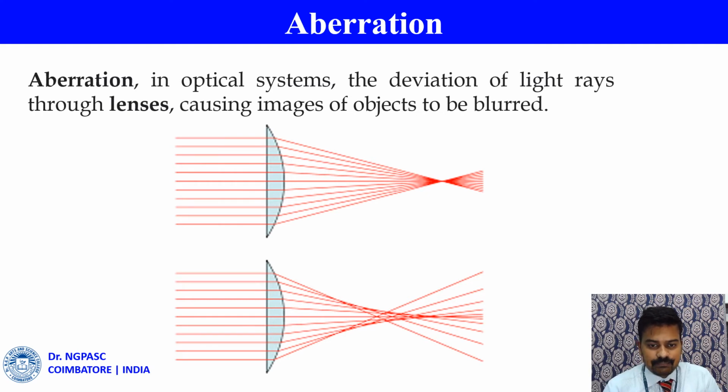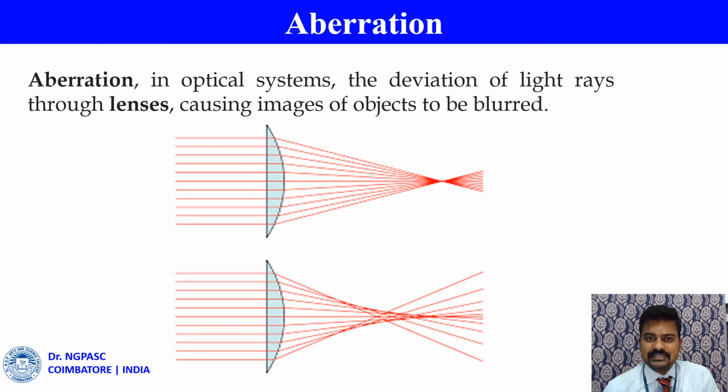But in the damaged lens, the focal point is split up. It's not at one certain point, but the light diverges to many points. So we can't observe the exact image of the object. We find a blurred image. This is called aberration.